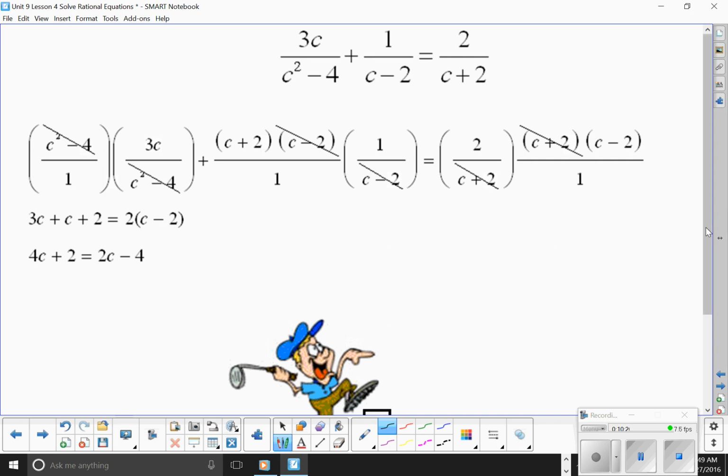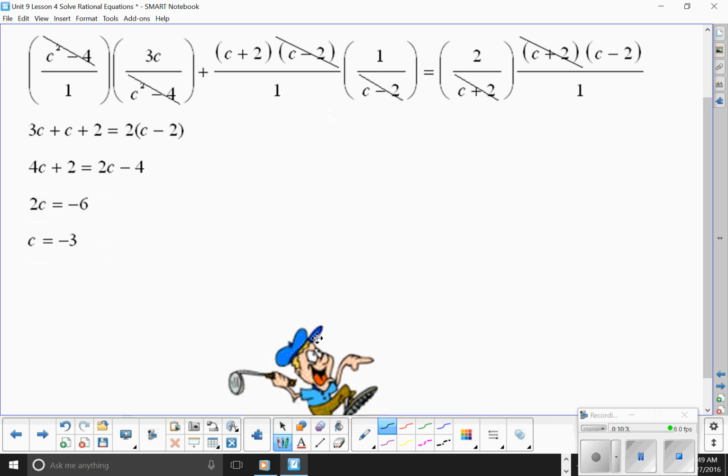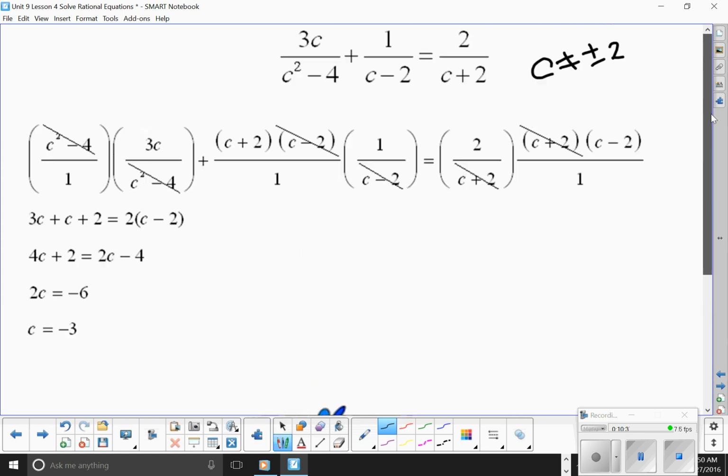And remember, up here, by the way, c is not equal to plus or minus 2. So I keep on going, and I get c is equal to negative 3. Hot dog. Now, if I put the negative 3 in, I'll find out that negative 3 does, in fact, check.